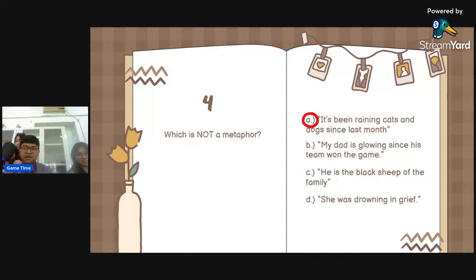It's an expression, actually an idiom, which wasn't discussed. Compared to the others, which indirectly compare something, an idiom explains a situation.